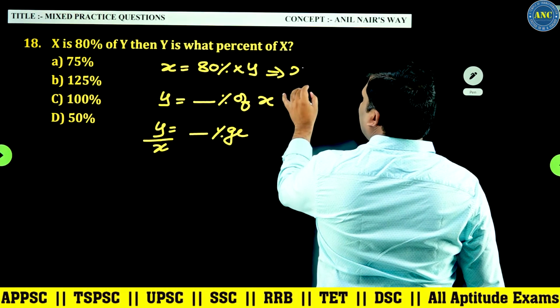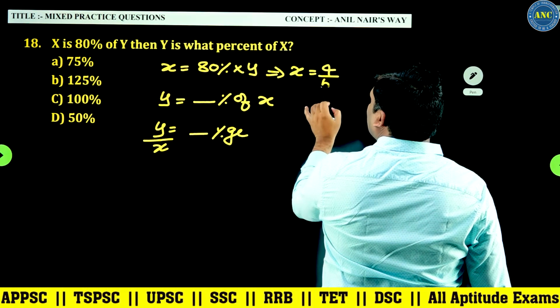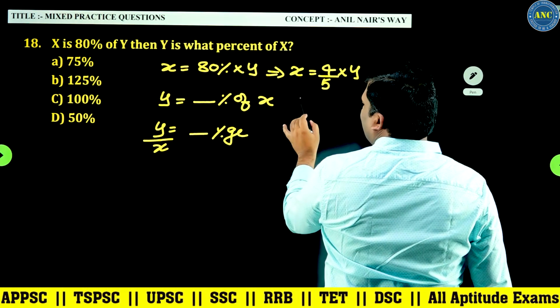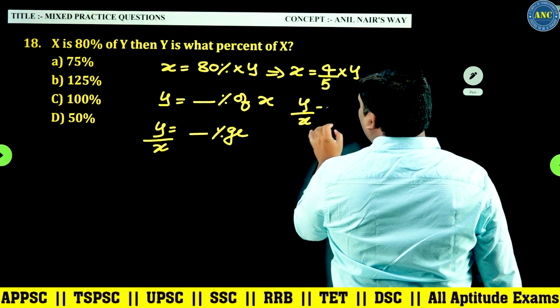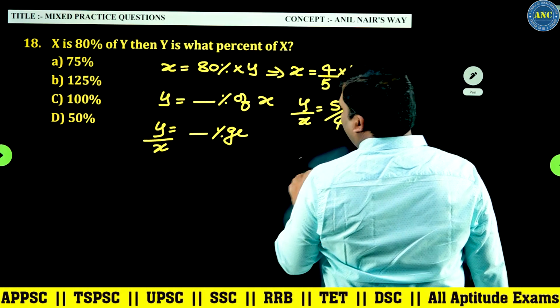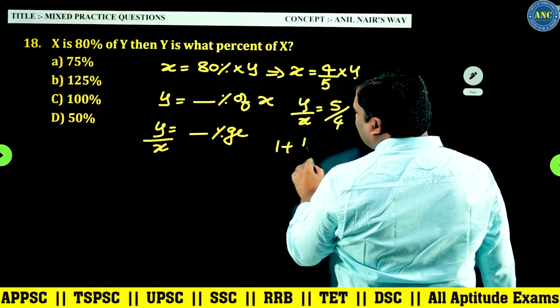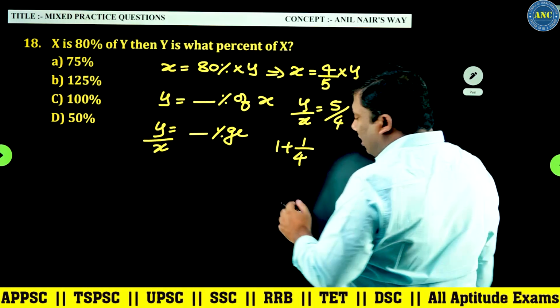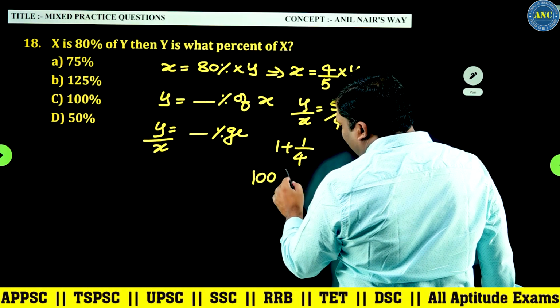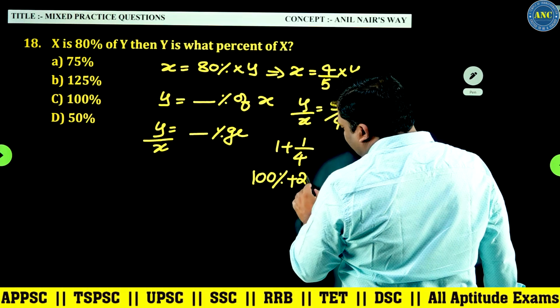That means X is 80 percentage, 4 by 5 of Y. Y by X is 5 by 4. 5 by 4 means 1 plus 1 by 4. 1 is 100%. 1 by 4 is 25%.